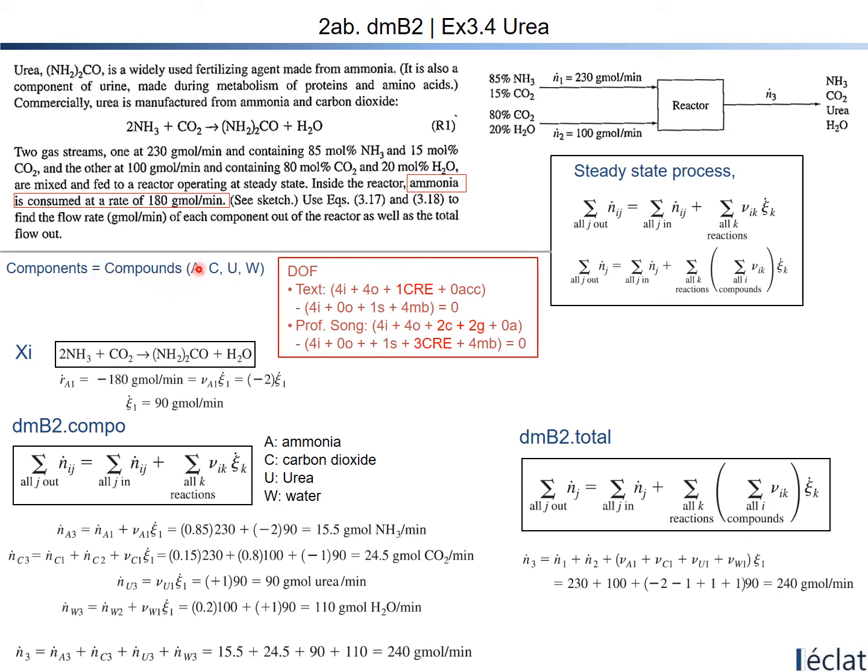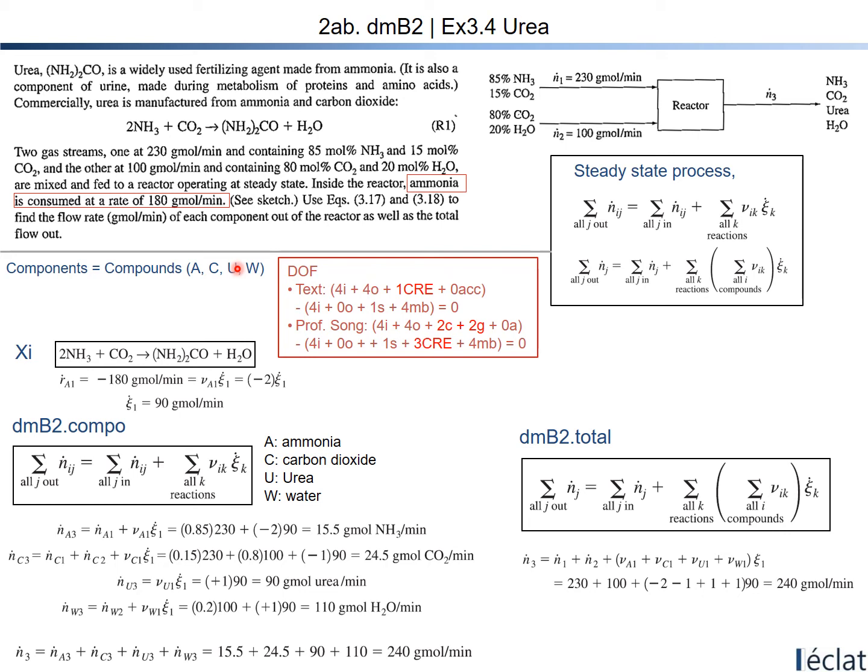So A for ammonia, C for carbon dioxide, and U for urea as the desired product, and water is also available in the input, though actually not a reactant. However, H2O is a kind of byproduct in the output. So we have 4 compounds. It means we will have 4 material balance equations.